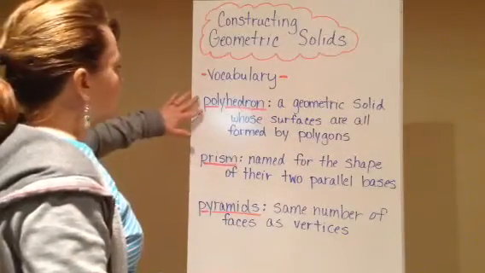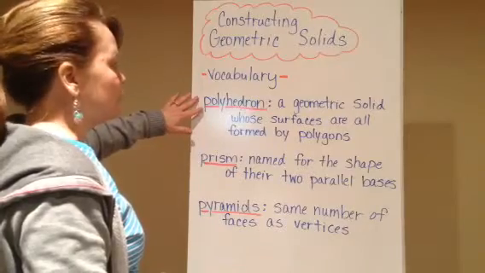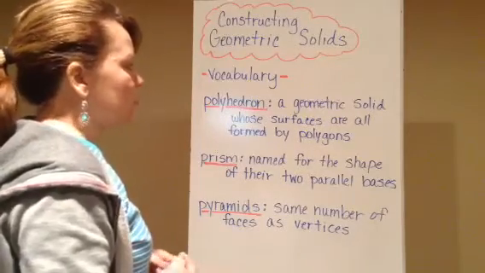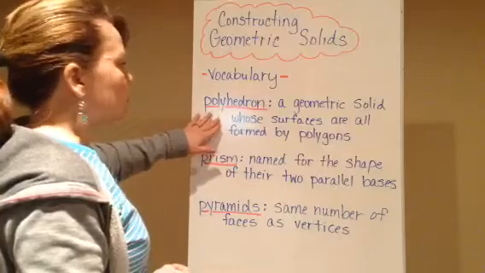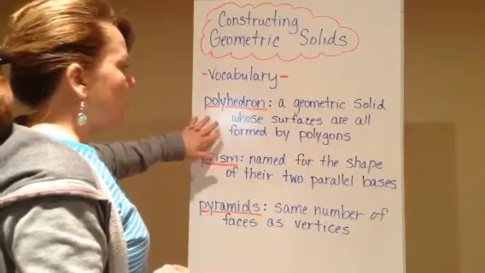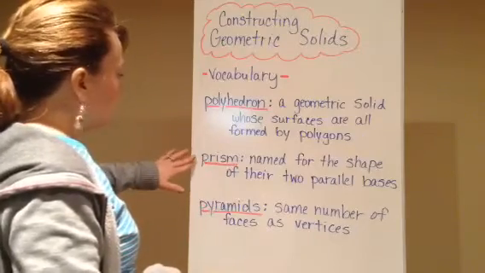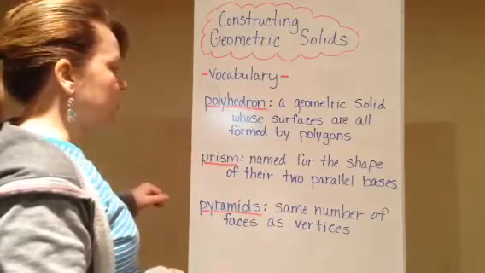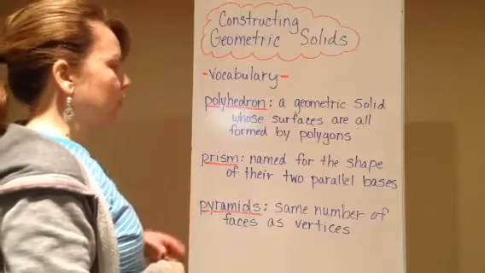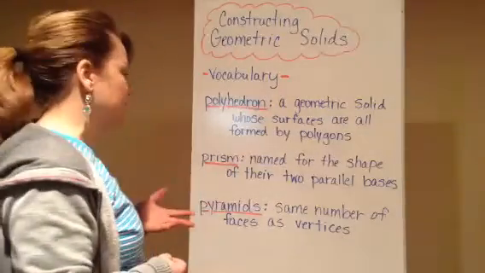The first word that we want to talk about is the word polyhedron, and a polyhedron is a geometric solid whose surfaces are all formed by polygons. And we have the word prism, which is named for the shape of their two parallel bases.